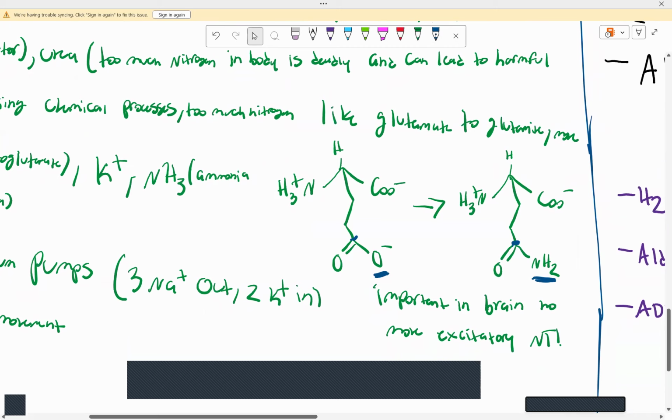It's really important for NMDA and AMPA, which are the two primary receptors for glutamate in the brain. So if you don't have as much glutamate in the brain, then everything is kind of thrown out of whack. And also GABA, because glutamate and GABA kind of counteract each other.